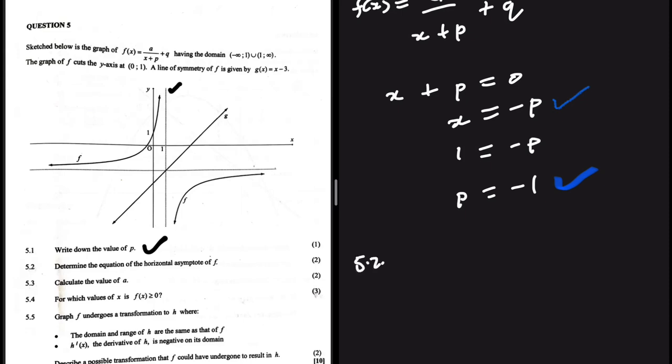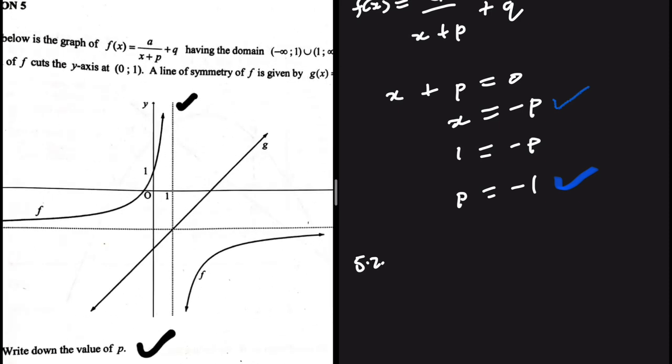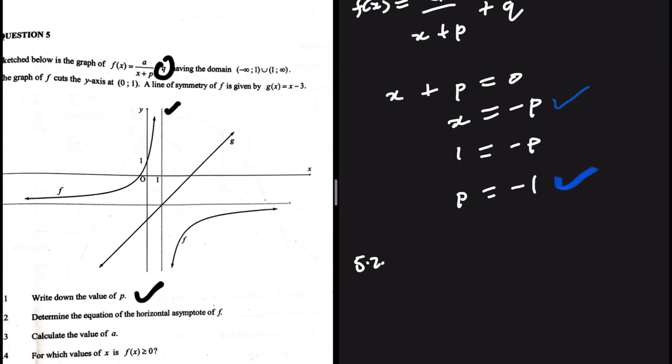Okay, and then 5.2, determine the equation of the horizontal asymptote. For the horizontal asymptote, we are looking for the value of q. Q is right here. That is the horizontal asymptote.